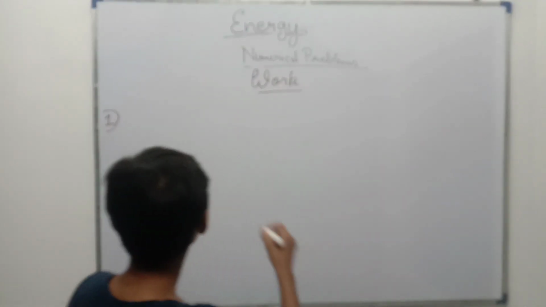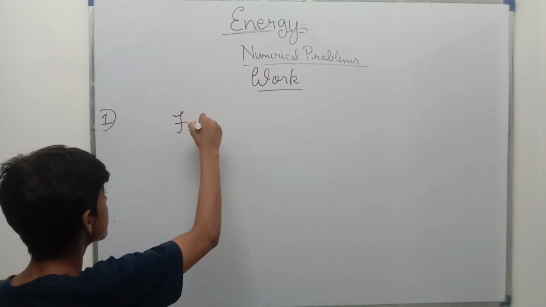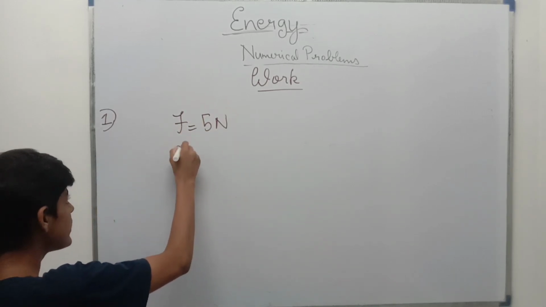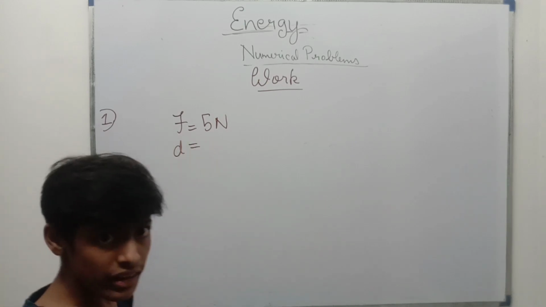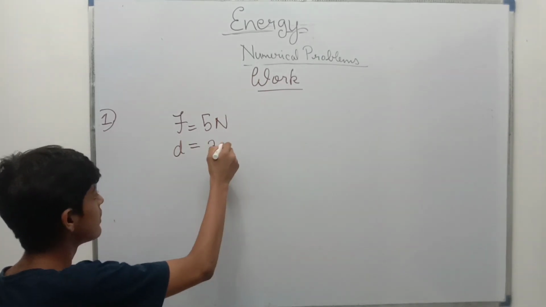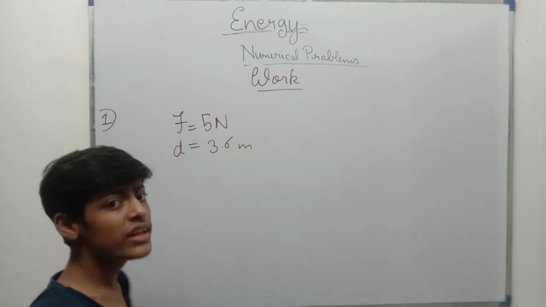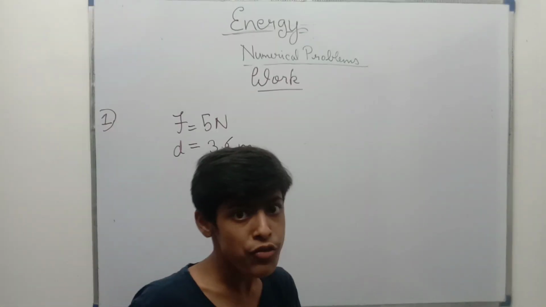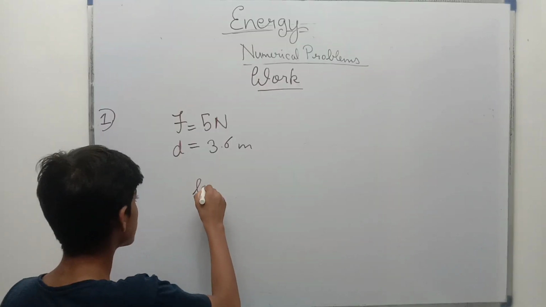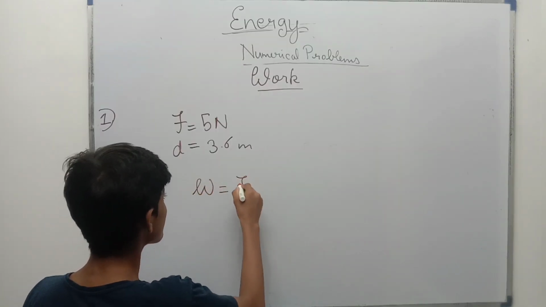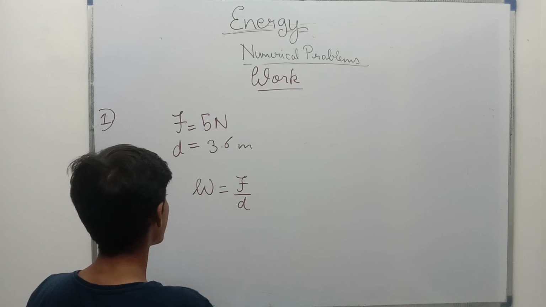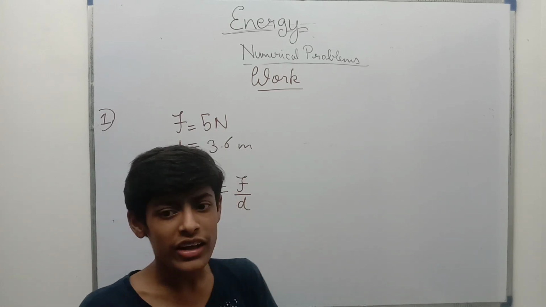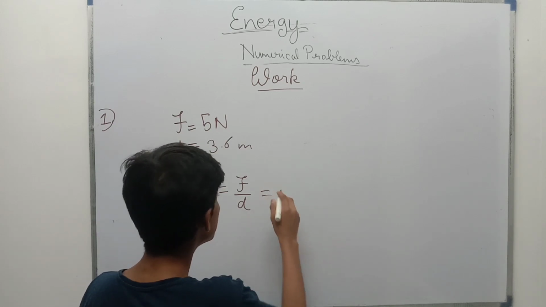Now in this question, force is given as 5 Newton and distance is given as 3.6 meter. So everything is in its SI unit, and now we can directly apply the formula. So work is force upon distance, and now we will put the values and solve it.